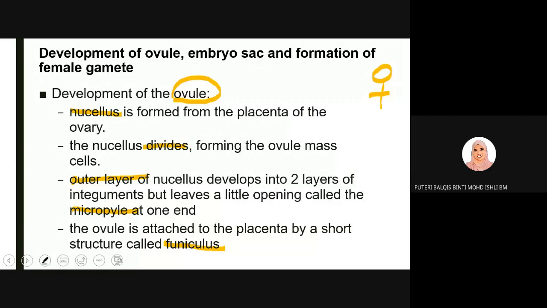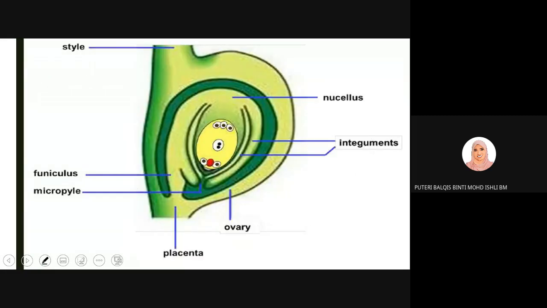Based on gambar, this is nucellus. Nucellus divides to form 2 layers of integuments, layer 1, layer 2. And it has a micropyle, a tiny opening at the integuments, macam tiny hole, lubang kecil je.